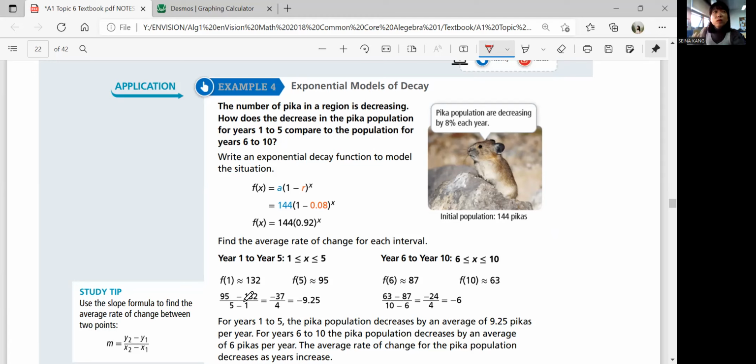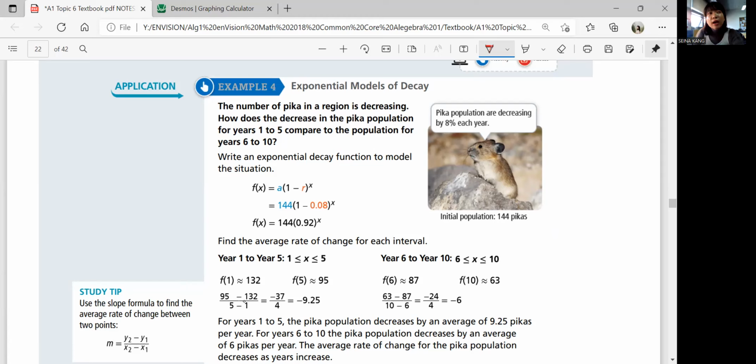So that means your slope, your rate of change between year 1 and year 5, is a decrease of 9.25. But then from year 6 to year 10, year 6 is 87, year 10 would be about 63.